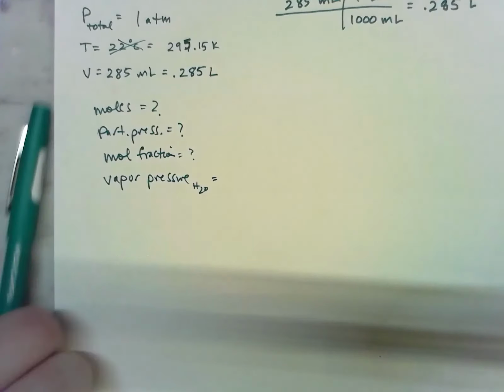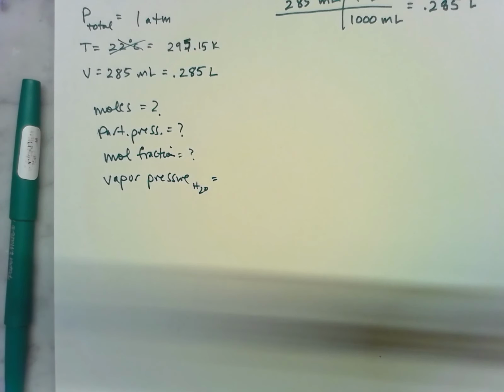Okay, and what does he say? Table A4. So flip back to Appendix A, page 390. And you'll notice it's only by temperature. Which one do we want? Well, we've got a choice of torr or kPa. Let's just do kPa.